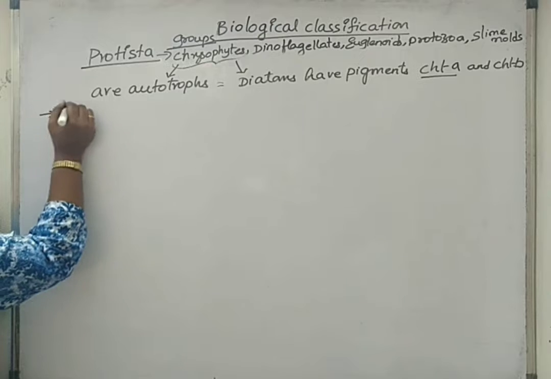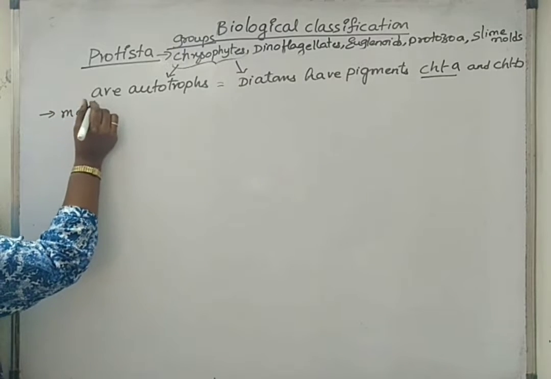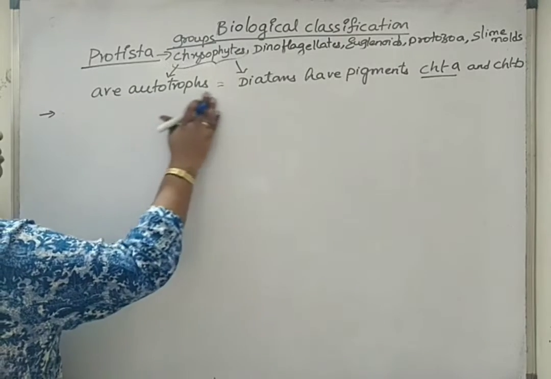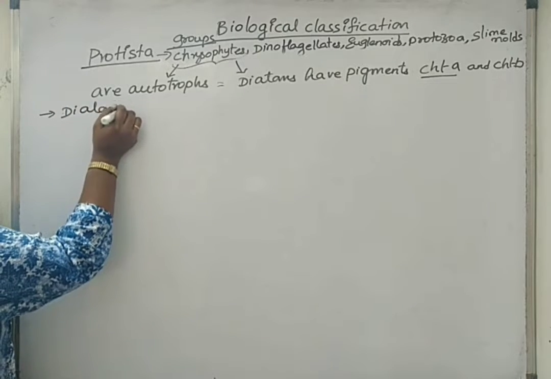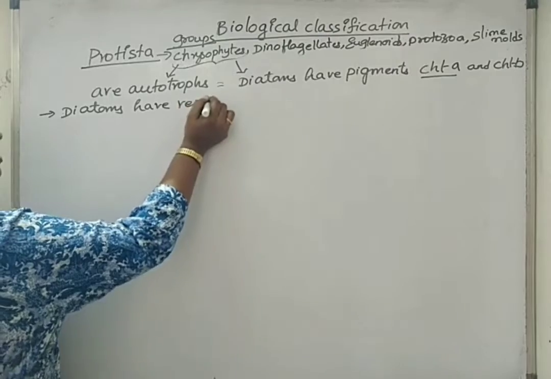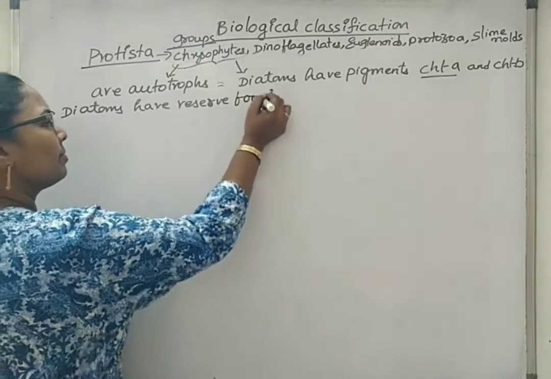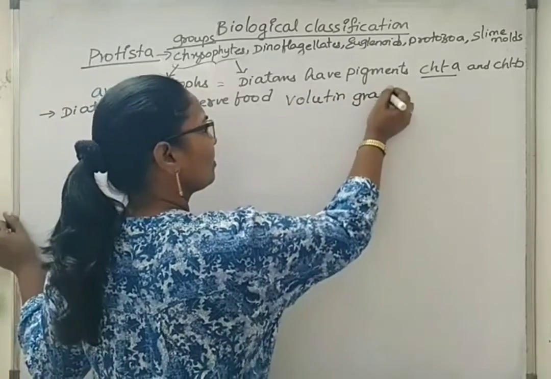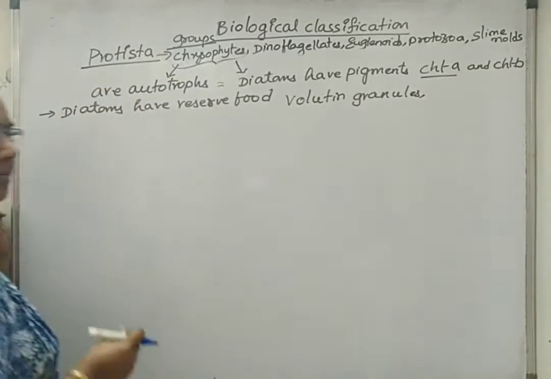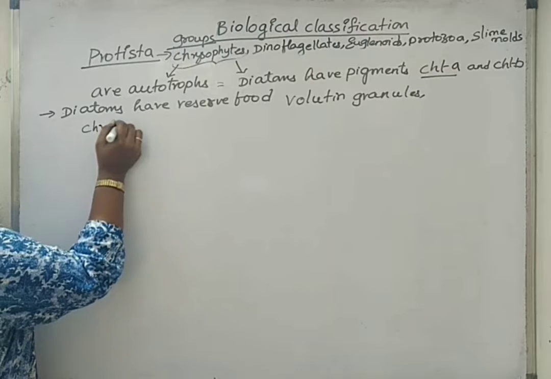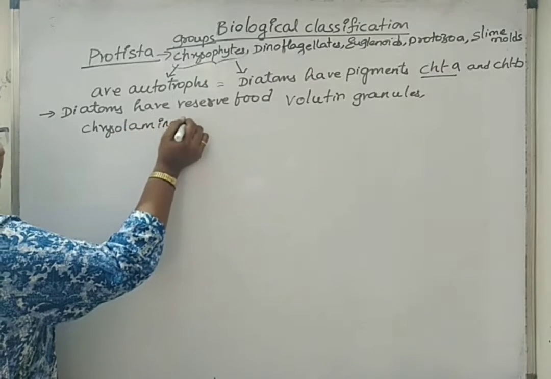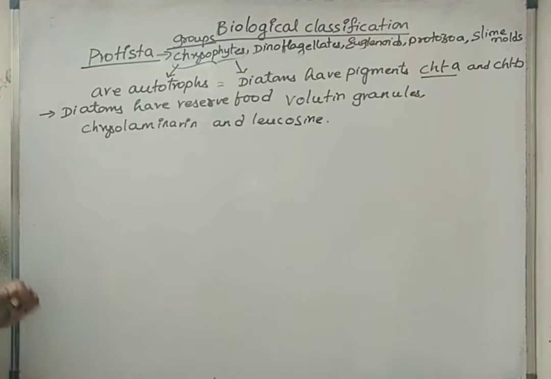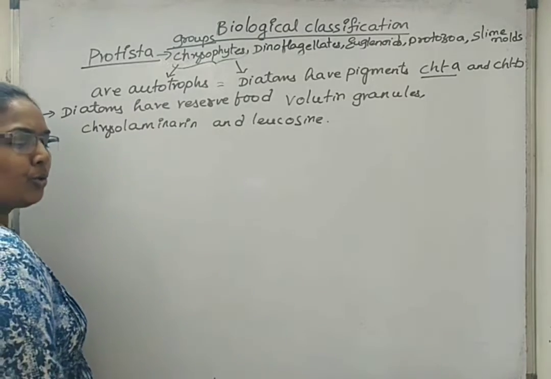Now, diatoms have reserve food, that is volutin granules. Next, chrysolaminarin and leucosin as stored food material.